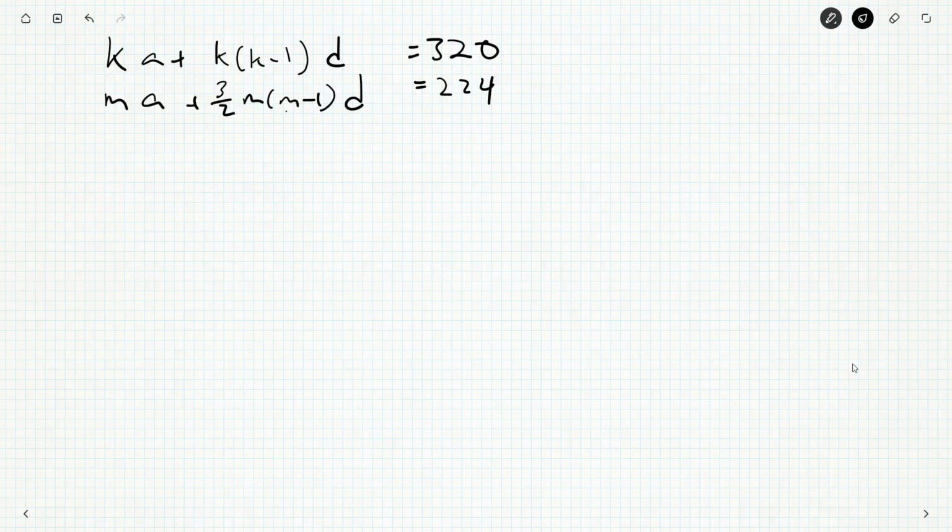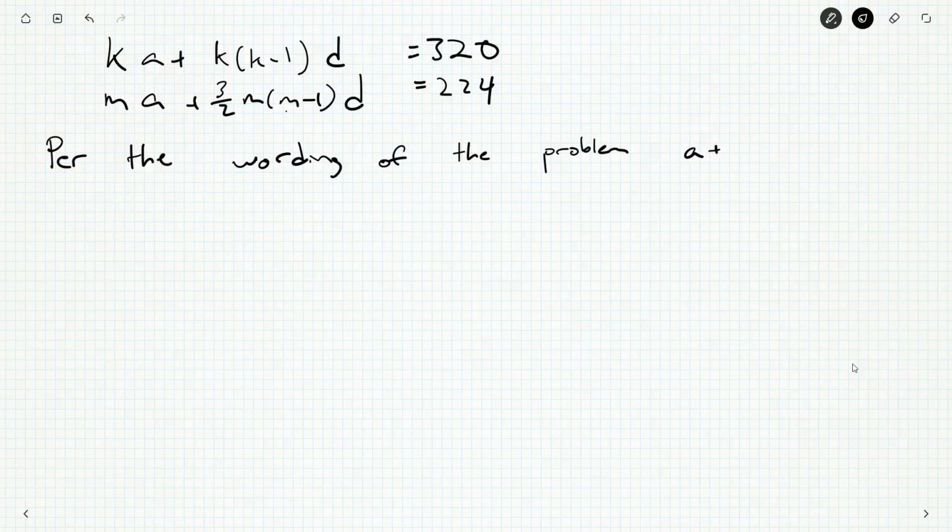So I might say something like, per the wording of the problem, the last one in my odd numbers list is, oops, it's got to be 2 times that, doesn't it? a plus 2 times that is the same as the last one in my 1 mod 3 list.